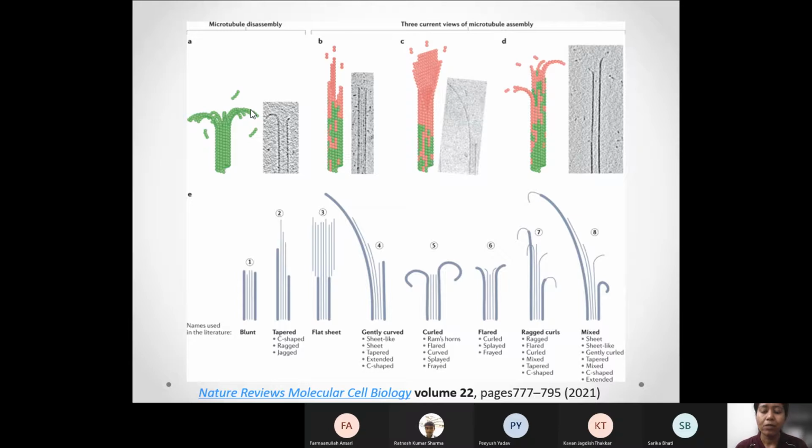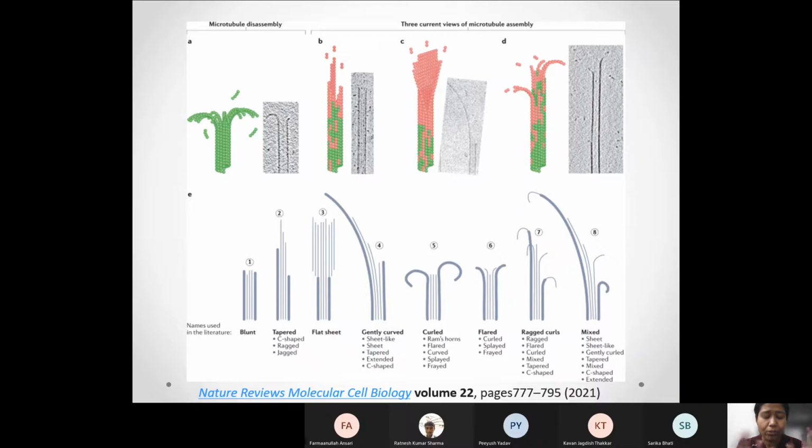So it's the same thing. You take a lot of images of these microtubules and you combine them to try and understand how these microtubules might behave. And so there are now a couple of theories, and none of them can actually be disproved or kept away. Maybe it's a combination of all that is happening.